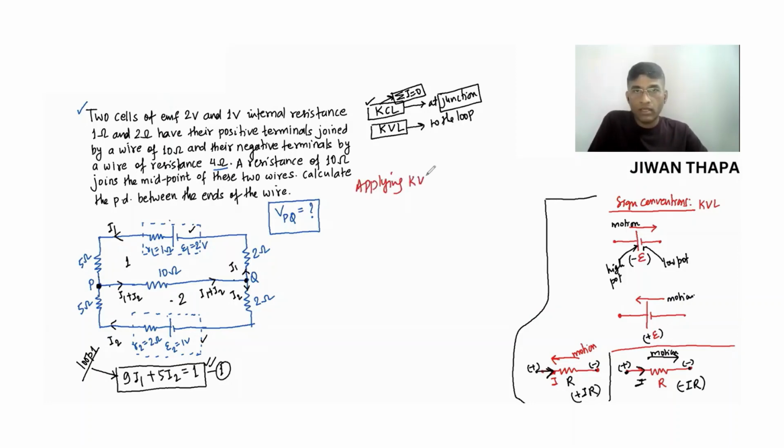Applying KVL to loop 2. Okay, now for loop 2, let's see.